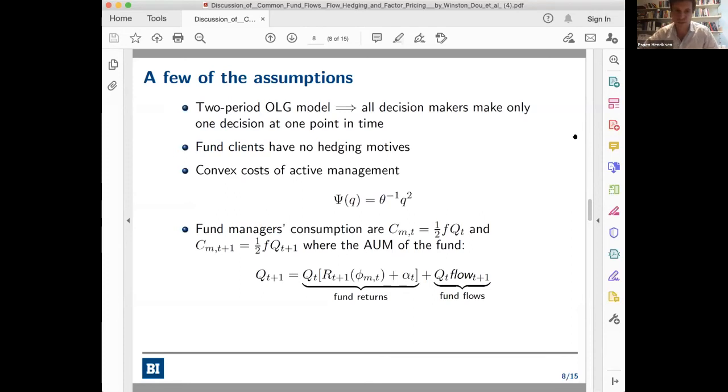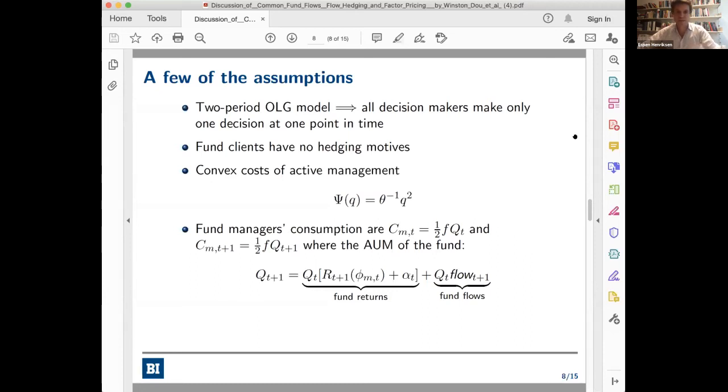But what this essentially buys you is that all decision makers only make one decision at one point in time, and that these are in no way connected. So all decision makers are extremely short-sighted. They are only making this one decision. That's one. So there are no dynamics really in the model.